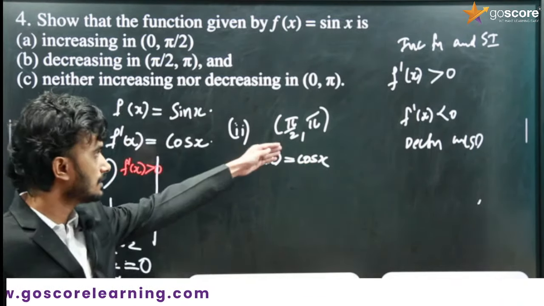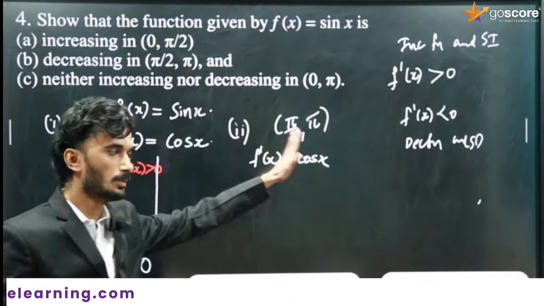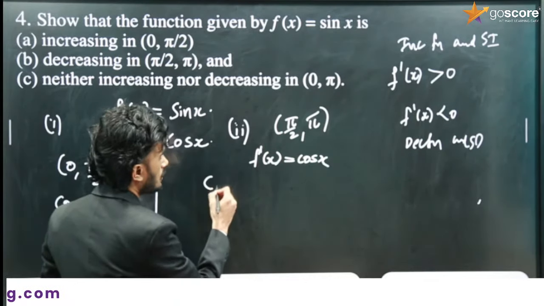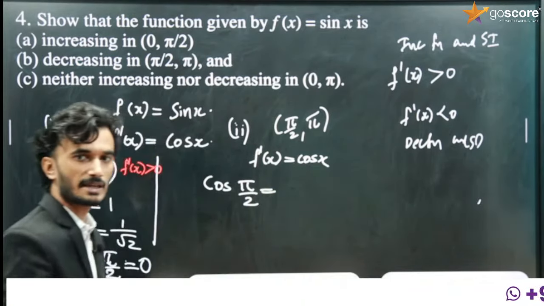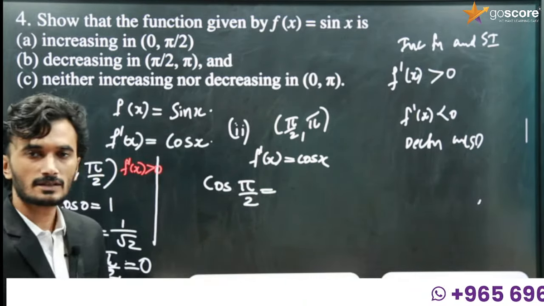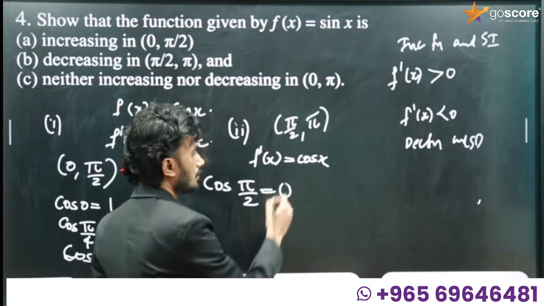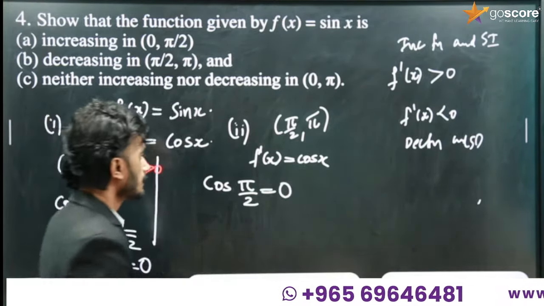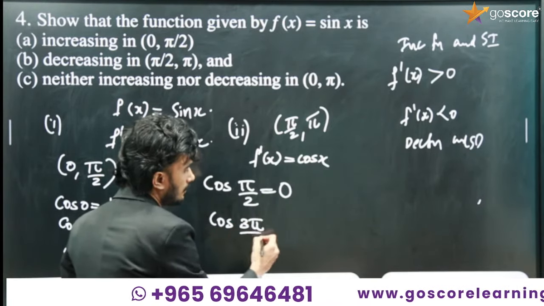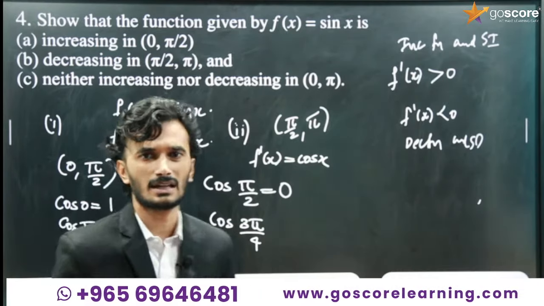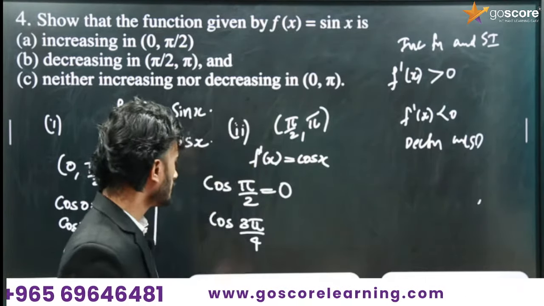Again, we will give the values from pi by 2 to pi. Cos pi by 2 is cos 90, which is 0. Then I am taking cos 3 pi by 4, which is cos 135.